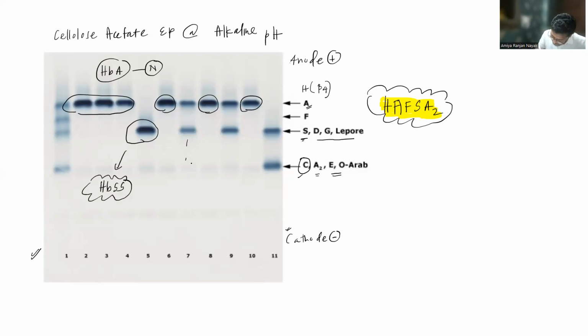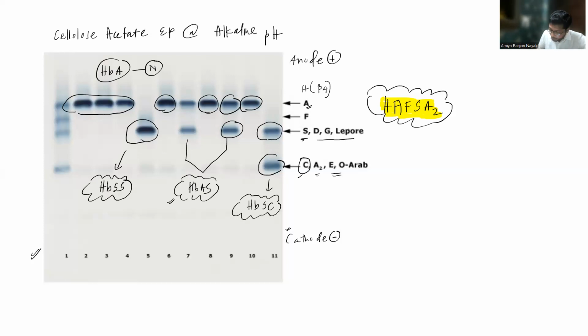If you see these two patients, both of them have a band at HbS and a slightly faint band at HbA. That means they have a combination of HbA and S. So this is HbAS. They are heterozygous for sickle cell, so they are sickle cell heterozygotes, sickle cell trait. Similarly, if you see here, two bands, one at HbS and one at HbC. So these are heterozygous for HbS and C, otherwise known as compound heterozygous for HbC and HbS.